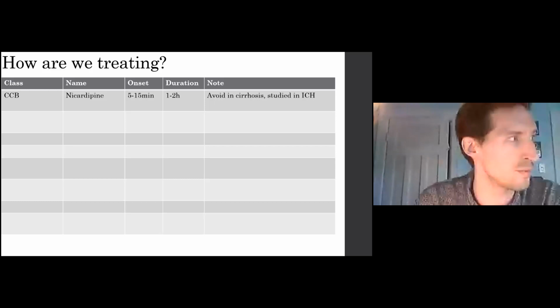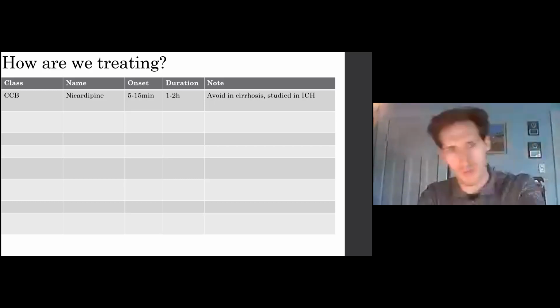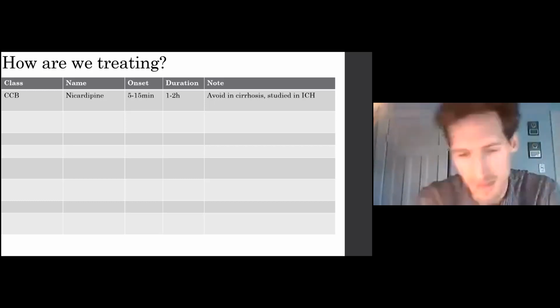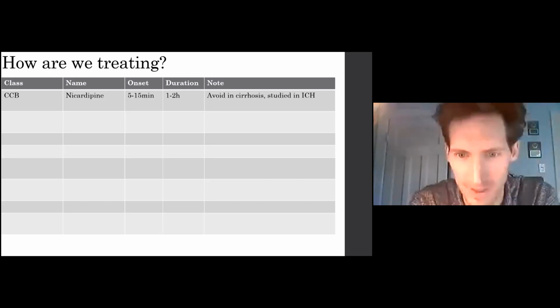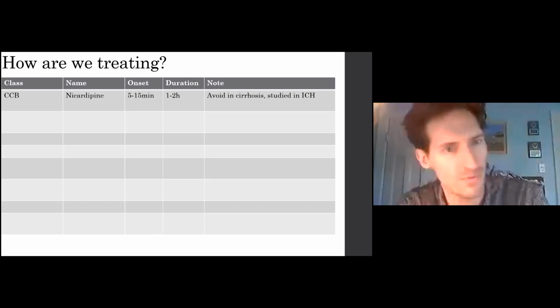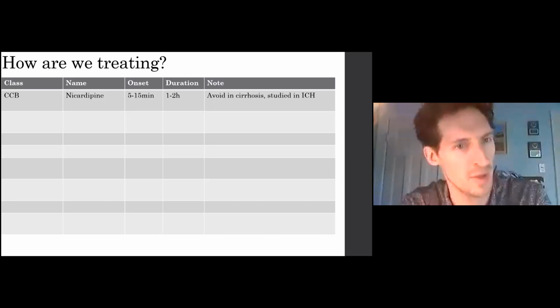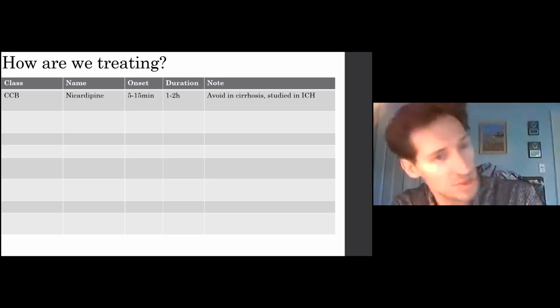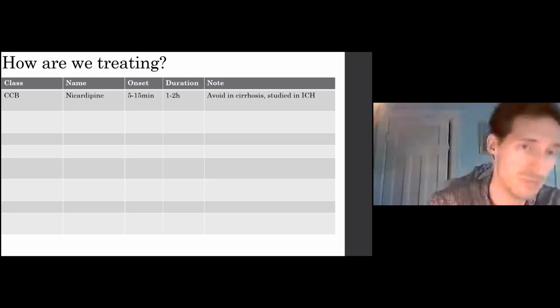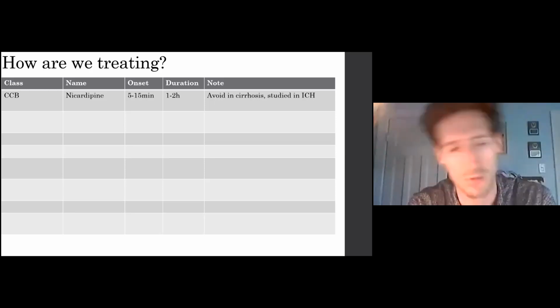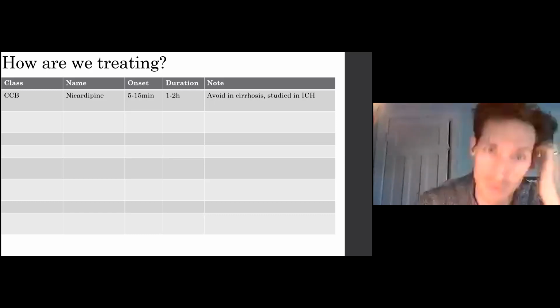So as far as calcium channel blockers, if you remember your three different classes of calcium channel blockers, the dihydropyridines are really the workhorse for blood pressure management, because they're going to be more arterial vasodilators as opposed to the other two classes, which have more of a heart targeting.